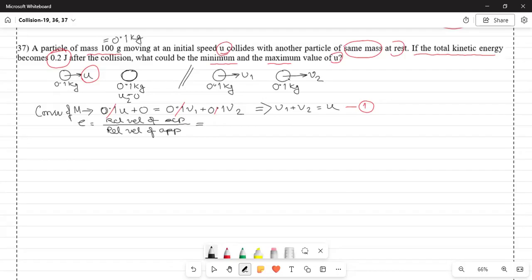It is v2 minus v1. What is the relative velocity of approach? One has velocity u, the other has velocity 0, so it is u. From here we get v2 minus v1 is equal to e u, equation 2.